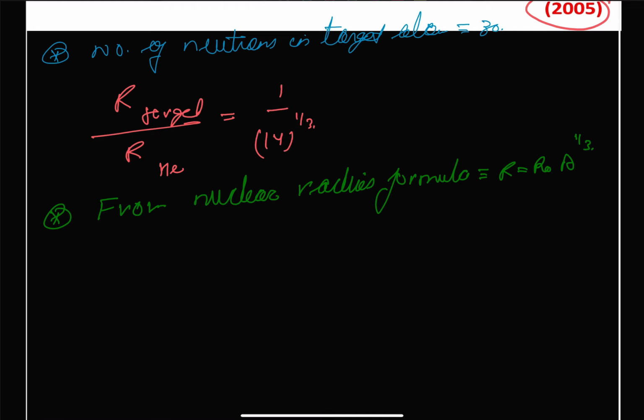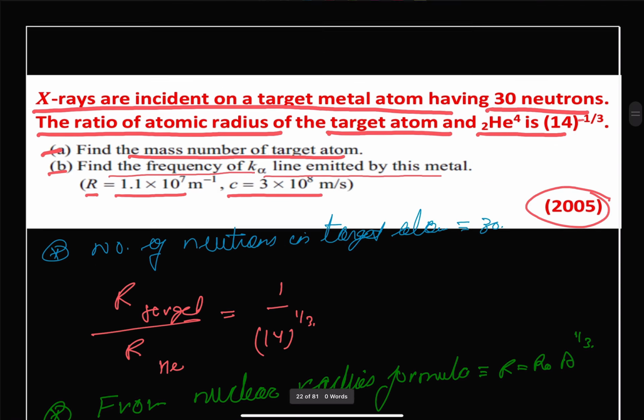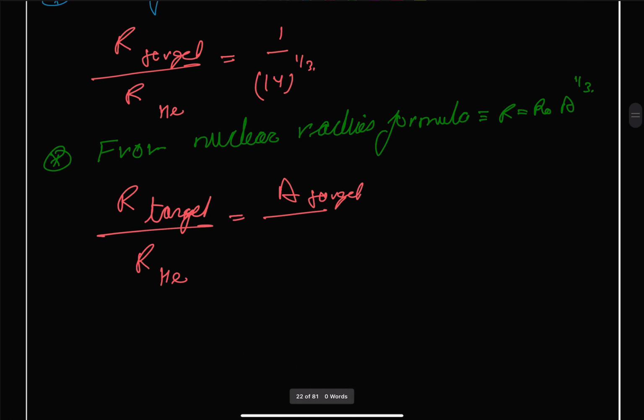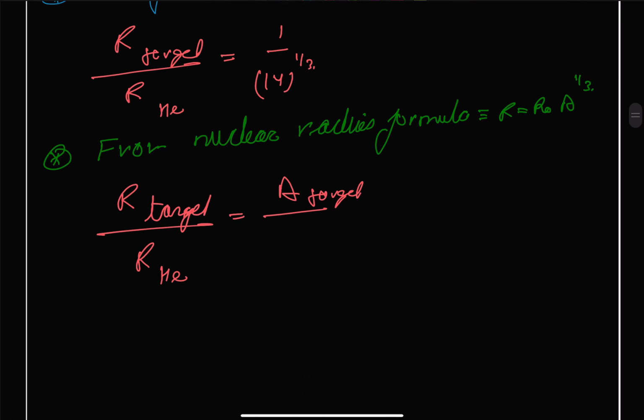So the radius of target upon radius of helium will be equal to A of target and 4 whole raised to power 1 by 3, and this ratio is given to us.